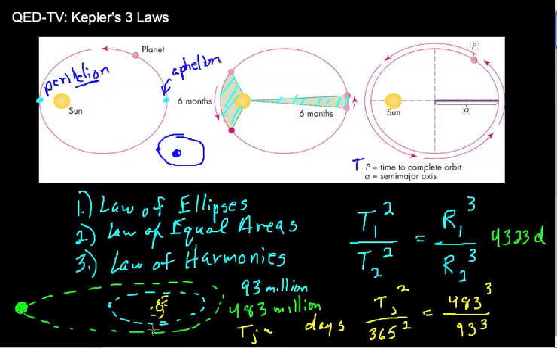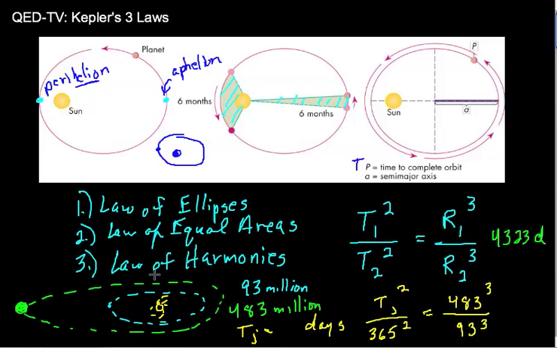So when the Earth goes around in 365 days, Jupiter is going to take 4,323 days. Well, if it takes the Earth 1 year to get around, how many Earth years is a Jupiter year?